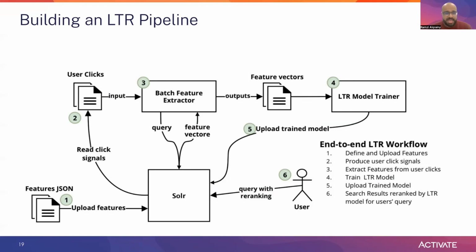Once we have that, we can use a Spark job to extract a feature vector for each query. The feature vectors are then used as input to our model trainer. Number 5, once the model is trained, we upload it to Solr. And 6, lastly, the user will see the results in the order provided by our learning to rank model.